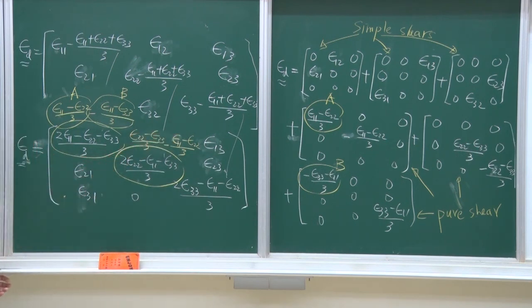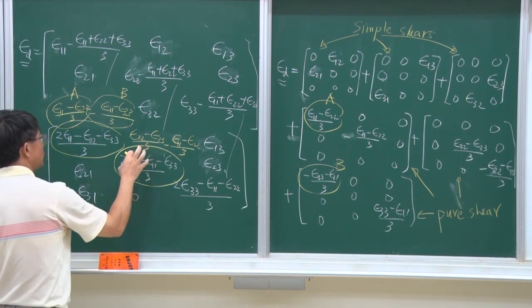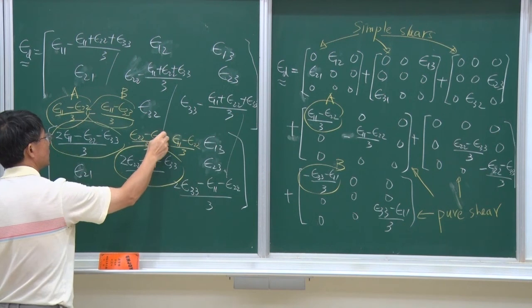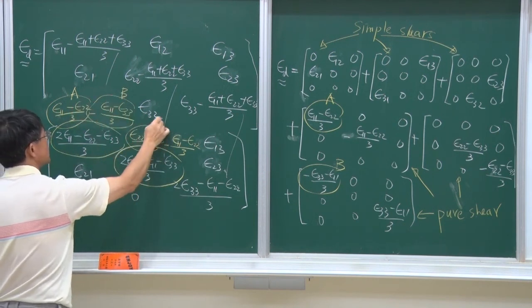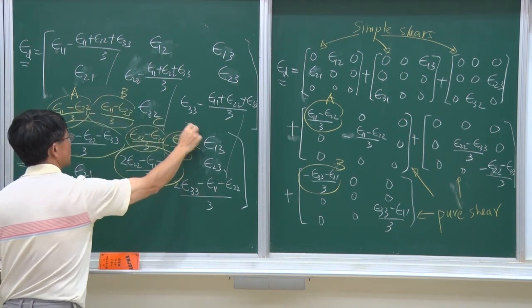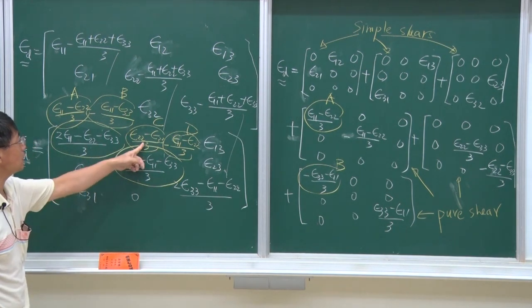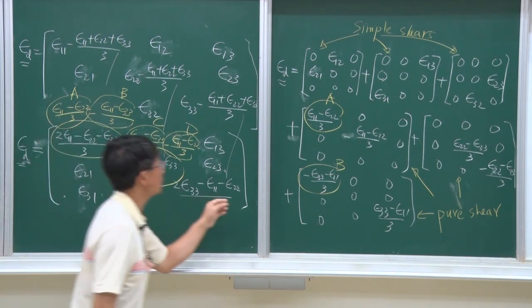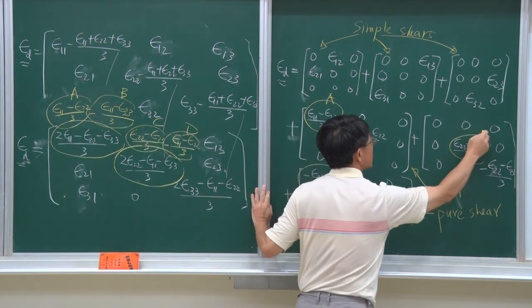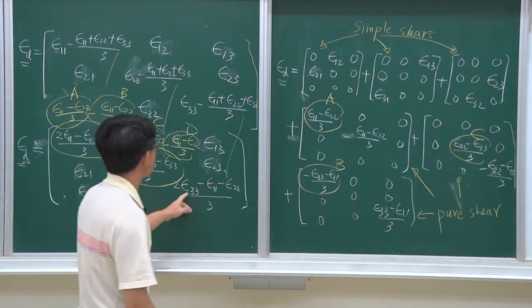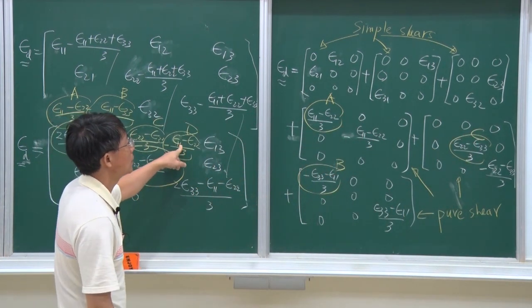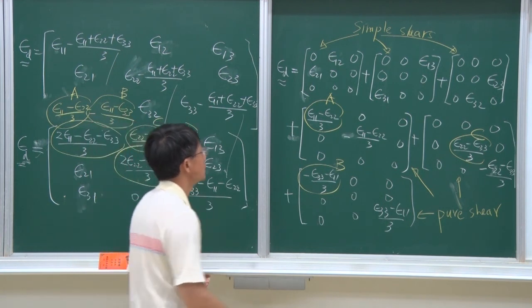Okay. Let me check it twice. Yes, I didn't make any mistake now. So we decompose this term into this term and this term and put it as A, B, C, and this as D. Where I put it, C goes to here. And where is D? D goes to here.